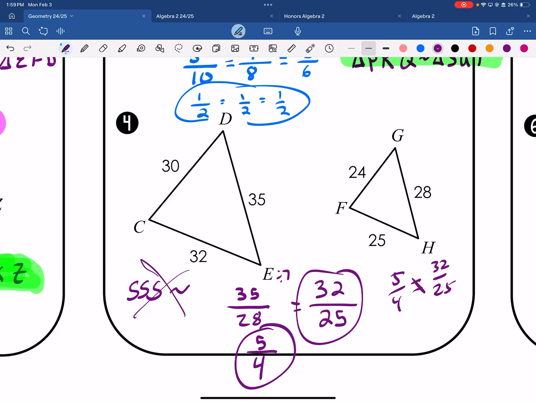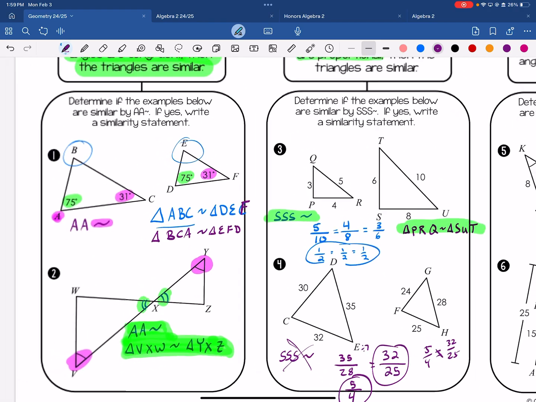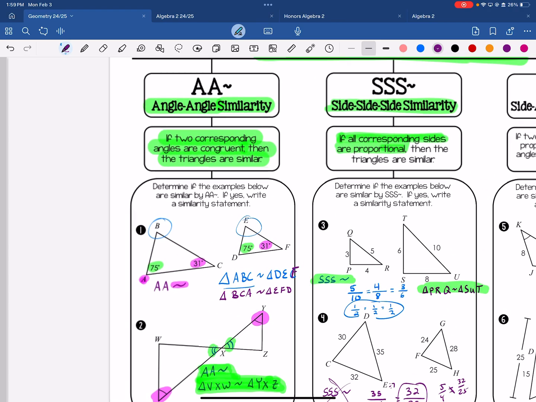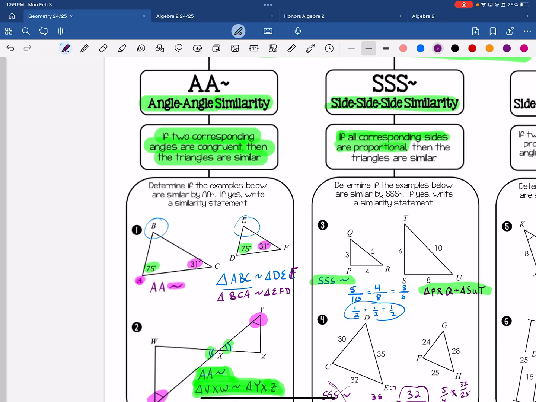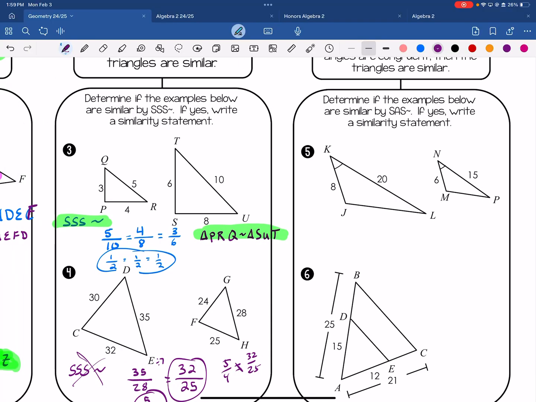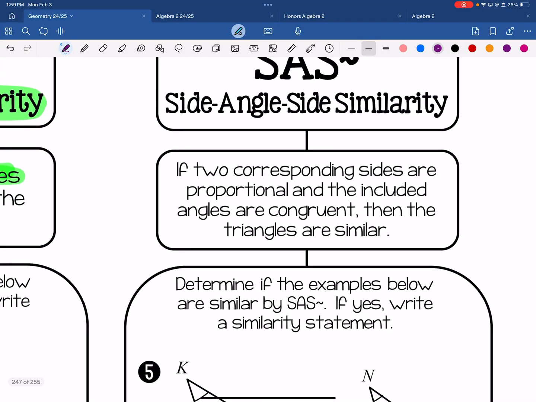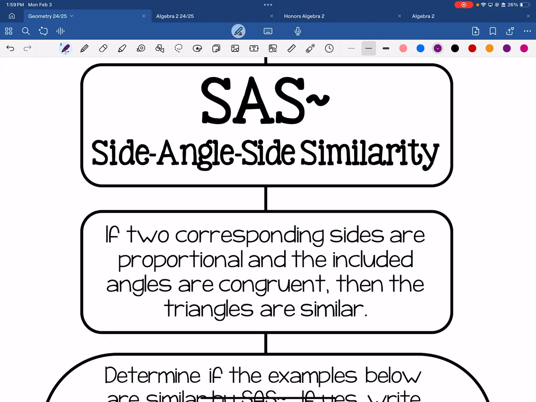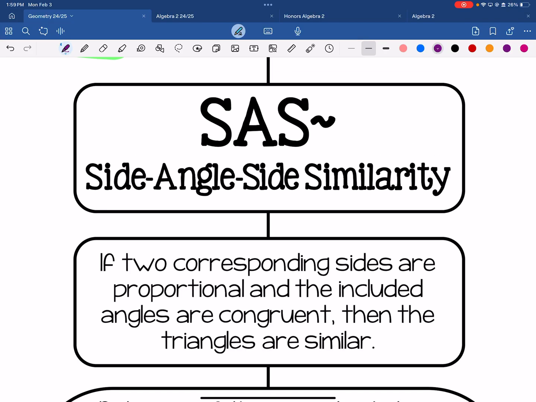Okay? So there's the first two. We've got angle-angle similarity, and we've got side-side-side similarity. The last one that we have to talk about is side-angle-side similarity, SAS.